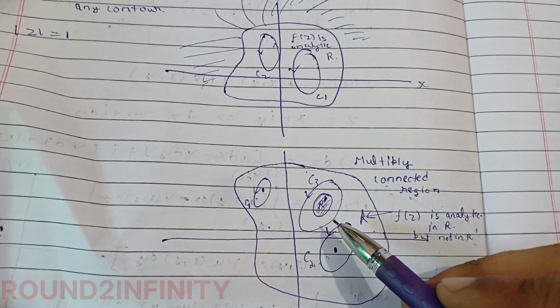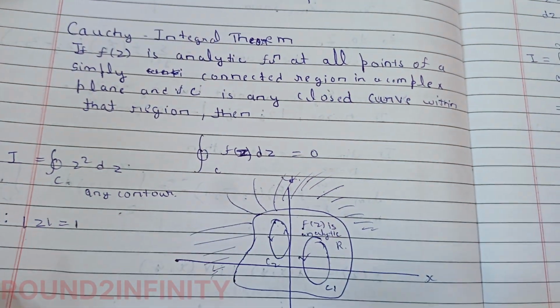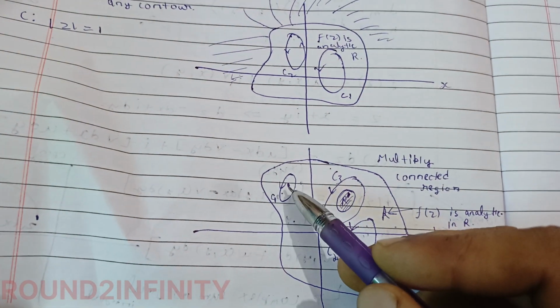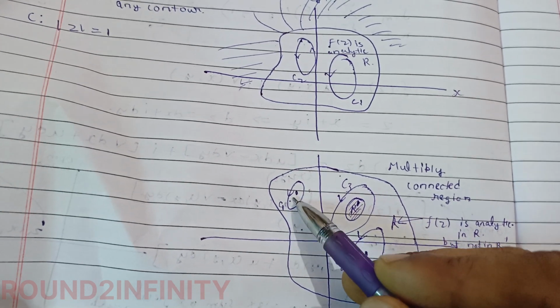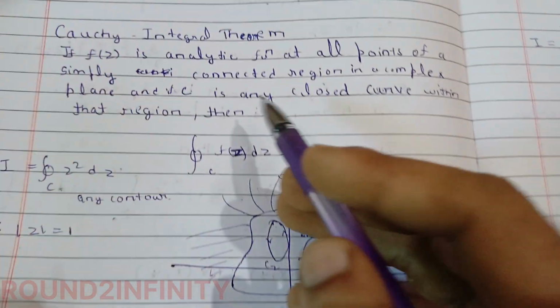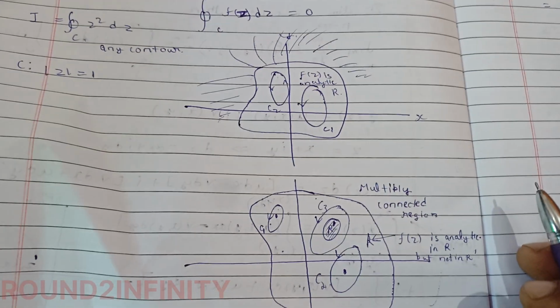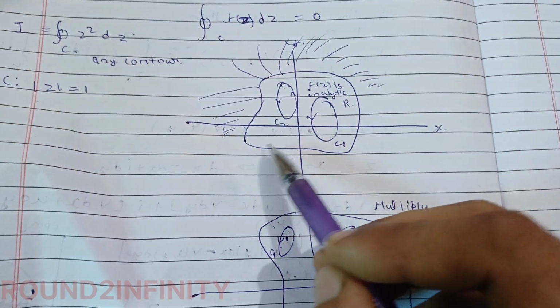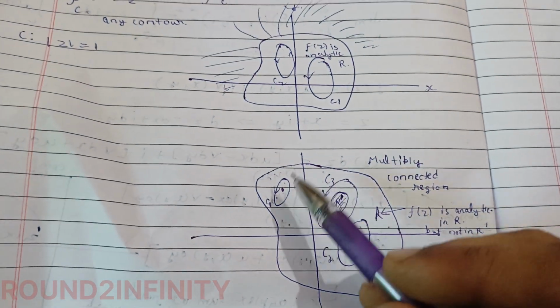That's why this will not satisfy this condition. But if you take somewhere here, this will again collapse to this point, or this point, or this point, and these all are analytic points. So that's why this theorem will be valid. So just remember the difference between a simply connected region and a multiply connected region.